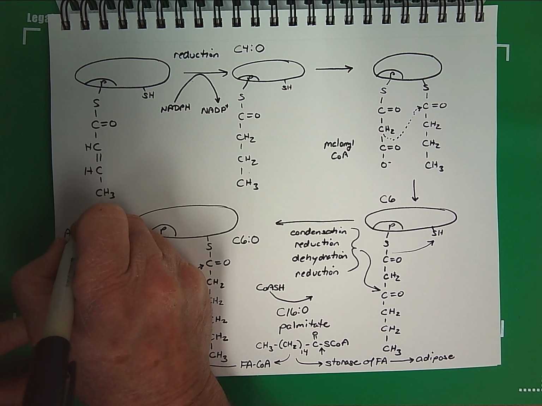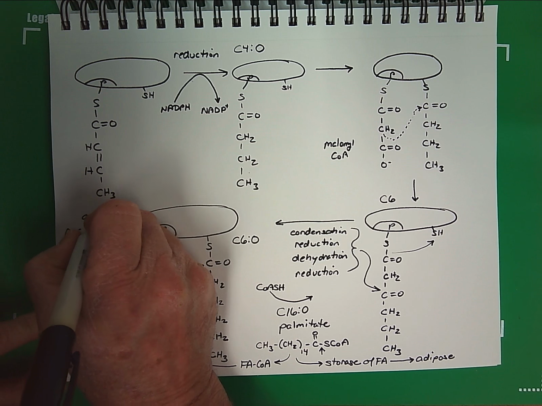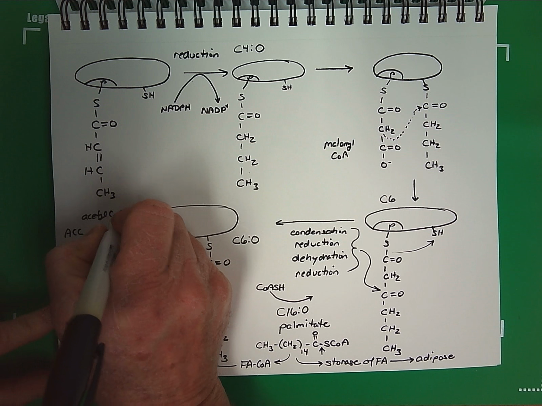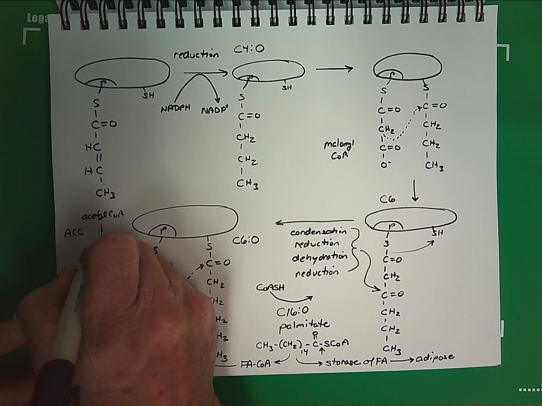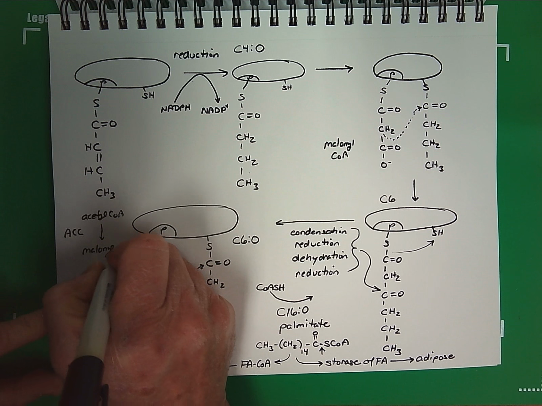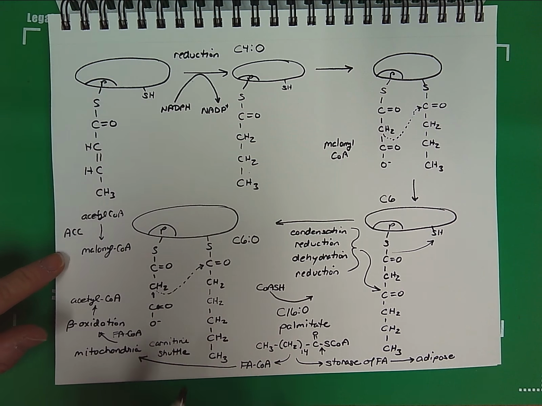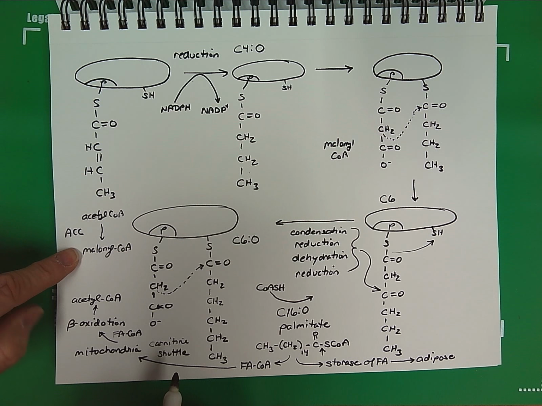acetyl-CoA carboxylase enzyme that is converting our acetyl-CoA to malonyl-CoA. So recall, this is our first step in generating our substrate for fatty acid synthesis.